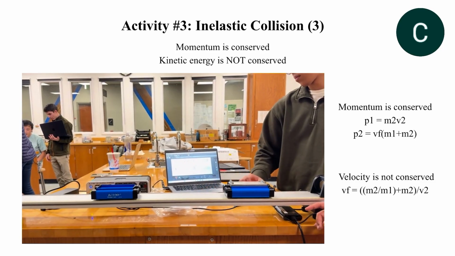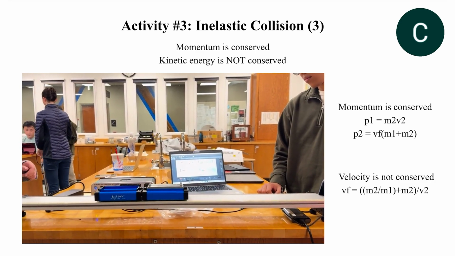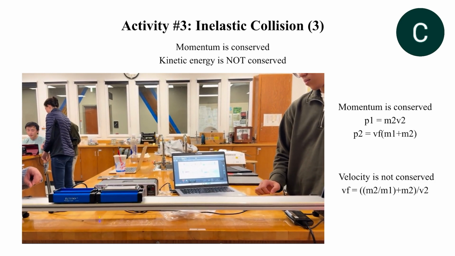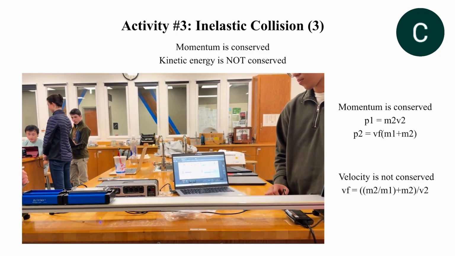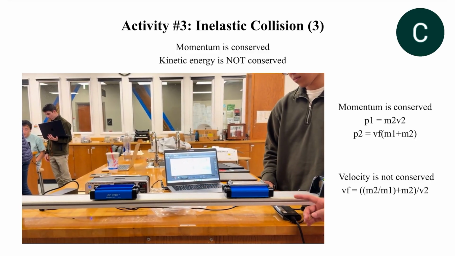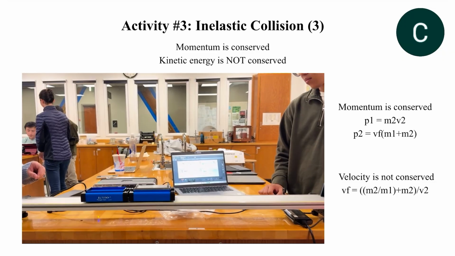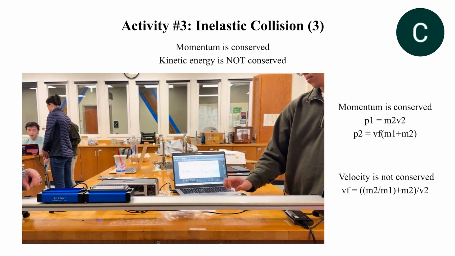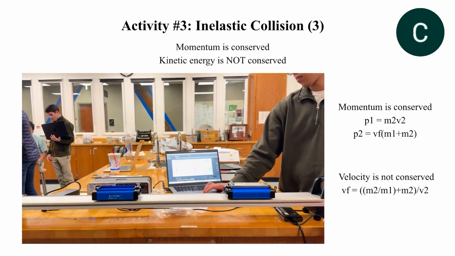The equation P initial equals m1 v1 plus m2 v2 simplifies to P initial equals m2 v2 because cart 1 has no velocity. Then the equation P final equals V final times m1 plus m2 represents the momentum after the collision. If we set these two equations equal to one another, we get m2 v2 is equal to velocity final times m1 plus m2.